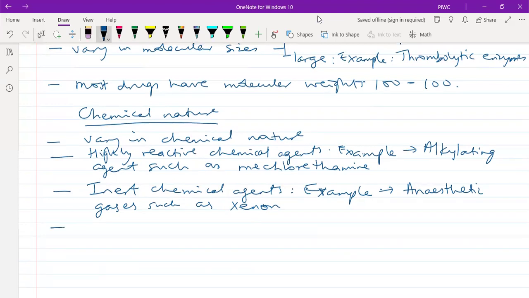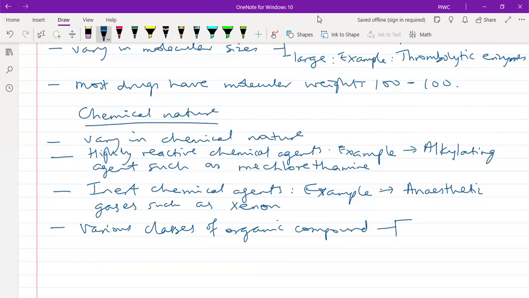And then the last group, or last chemical nature, will fall under various classes of organic compounds, such as carbohydrates, lipids, and proteins. So we have various classes of organic compounds.